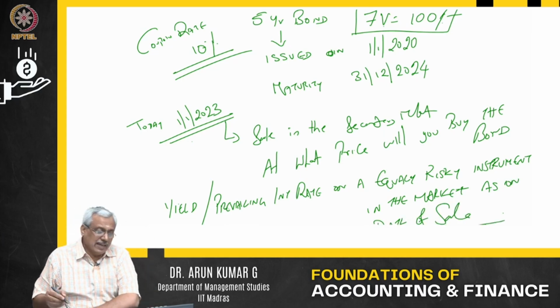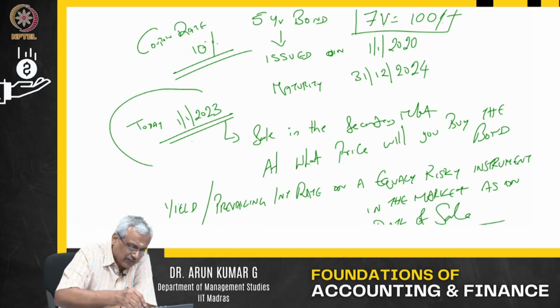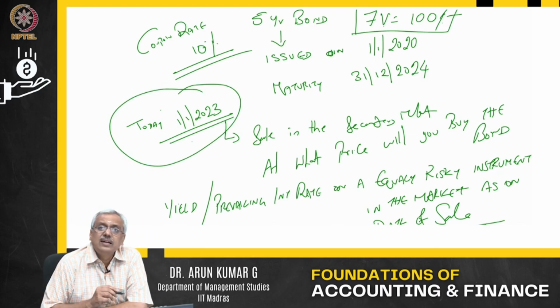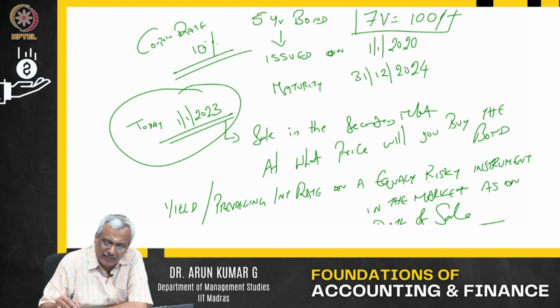That means as of 1/1/2023, what is the prevailing interest rate on an equally risky instrument in the market?